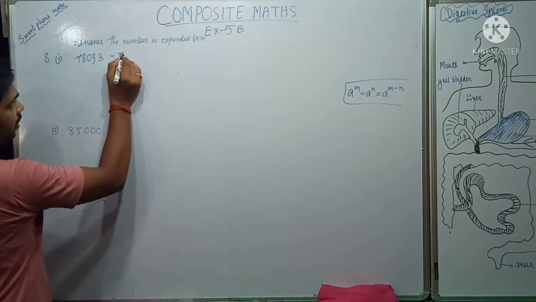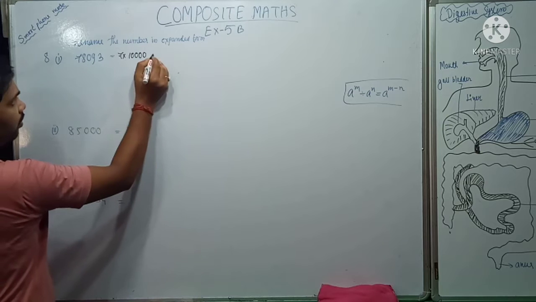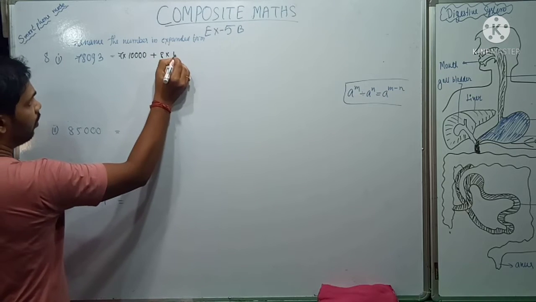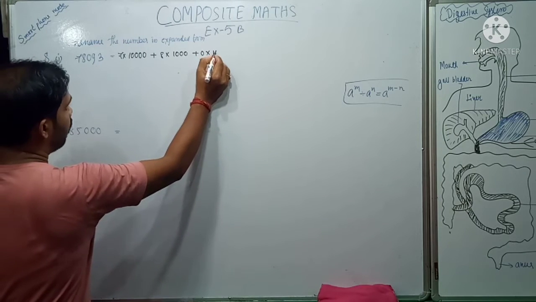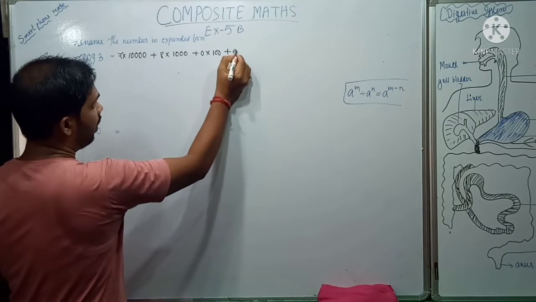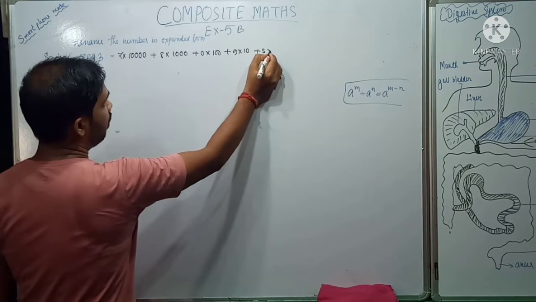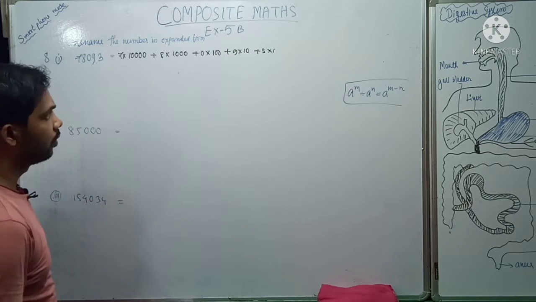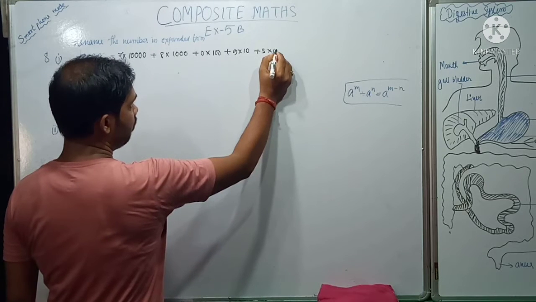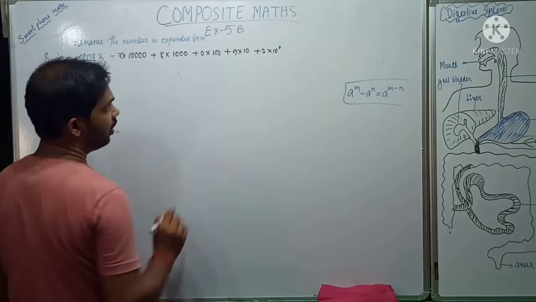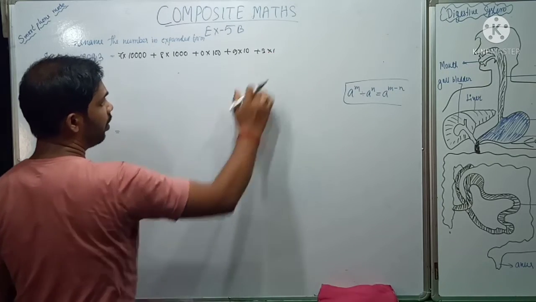So it is 7 into 1 2 3 4 zeros plus 8 into 1 2 3 zeros plus 0 into 1 2 zeros plus 9 into 1 0 plus 3 into 1, or you can write 3 into 10 power 0, since 1 means 10 power 0, or simply we write first 10, then we will change it to 10 power 0.